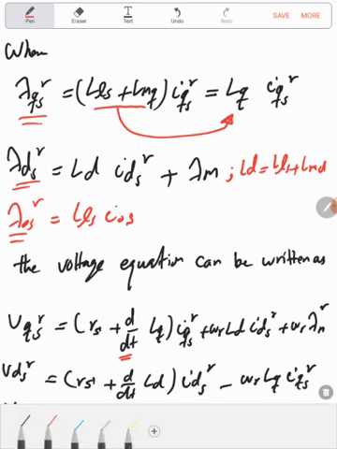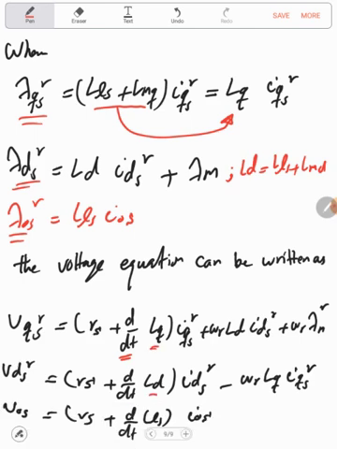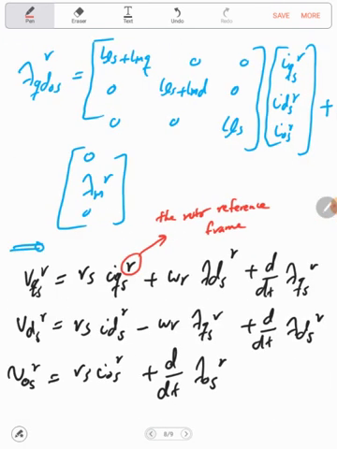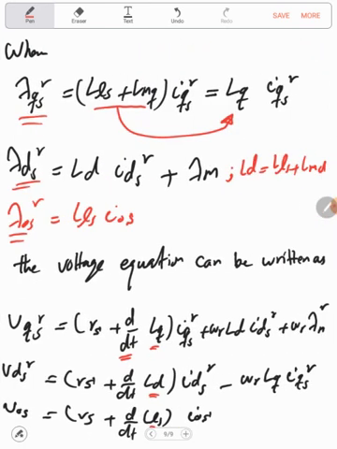And remember, the inductances are constant. So simply the derivative operator only will differentiate the current.